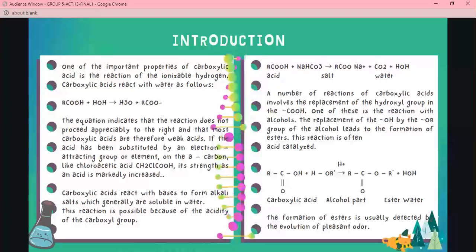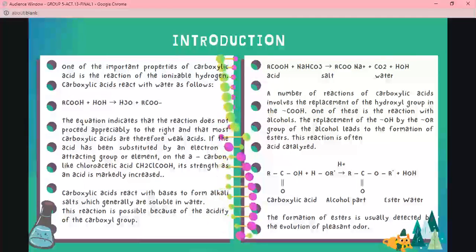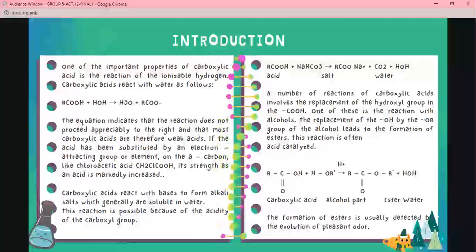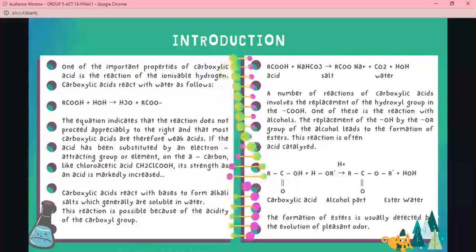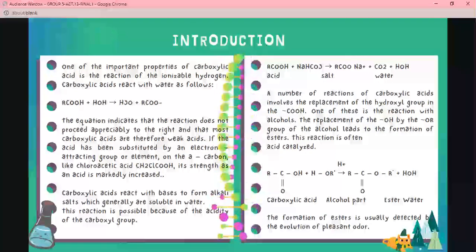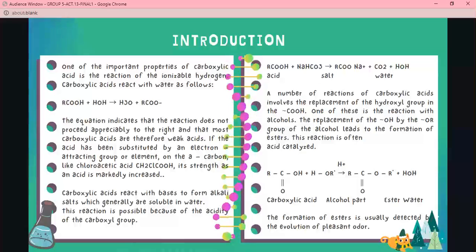A number of reactions of carboxylic acids involve the replacement of the hydroxyl group in the COOH. One of these is the reaction with alcohols. The replacement of the OH by the OR group of the alcohol leads to the formation of esters. This reaction is often acid catalyzed.